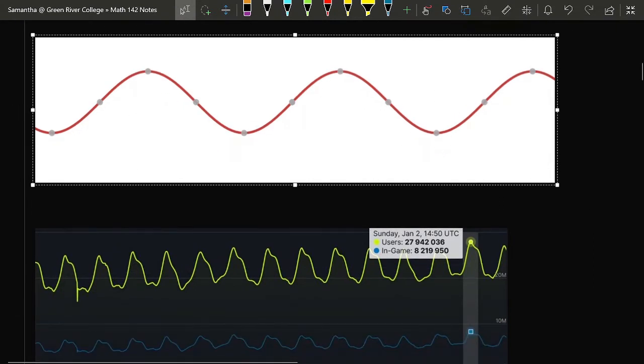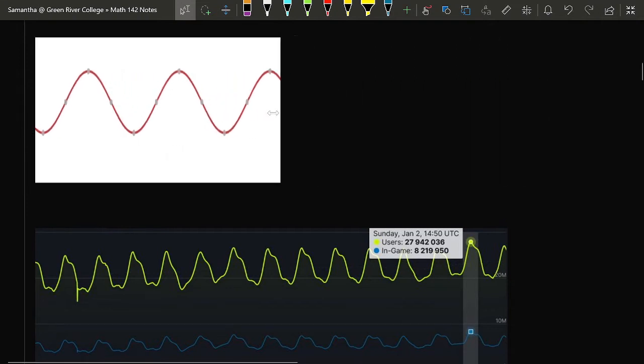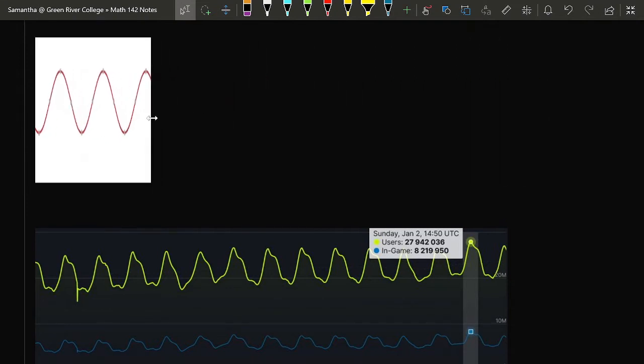For example, here, if I wanted to match the sine function to the yellow wave pattern that I was seeing in this chart, the first thing that I would have to do is horizontally compress it, because I noticed that in the chart, the distance between the two peaks is rather small.